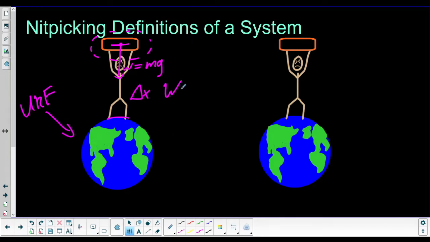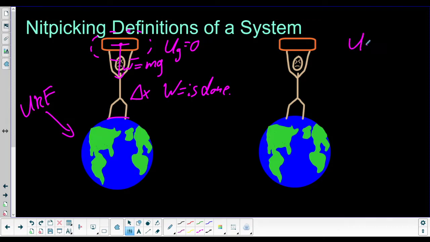Work is done. You have 0 potential energy here because there is no gravity within the system, right? The thing exerting gravity is outside the system. So inside the system, there isn't a force of gravity. Does that make sense?